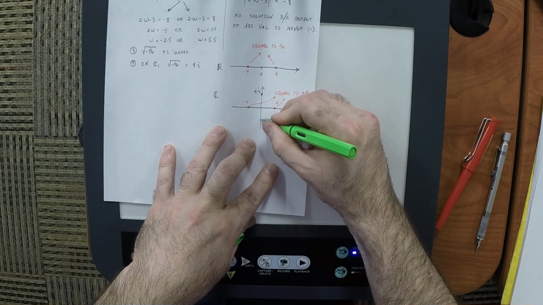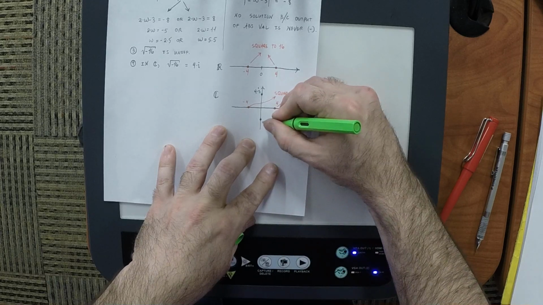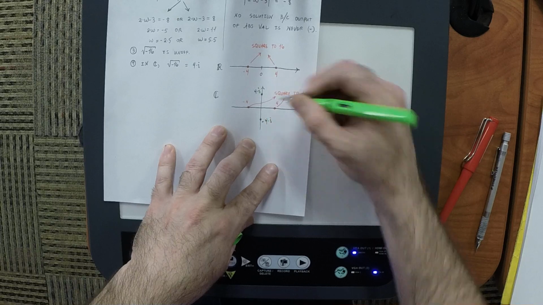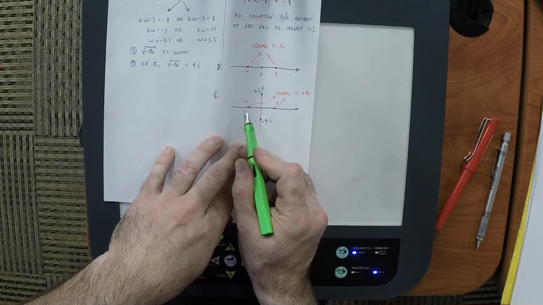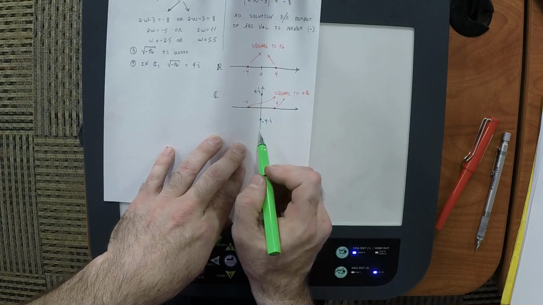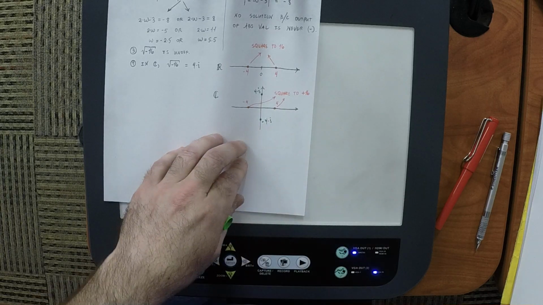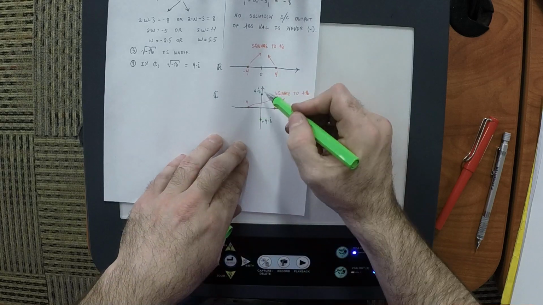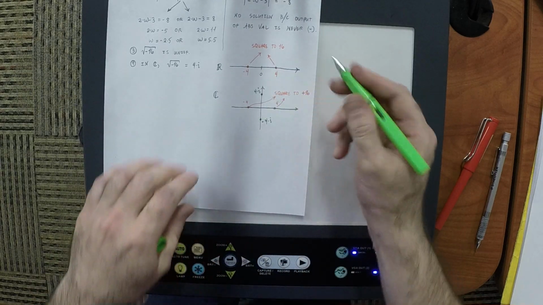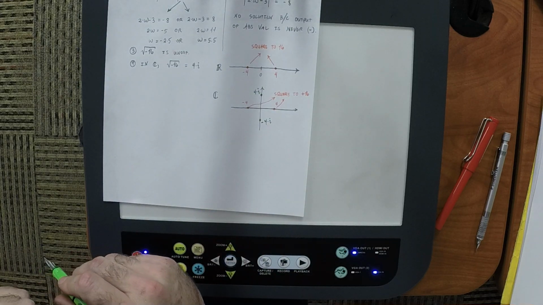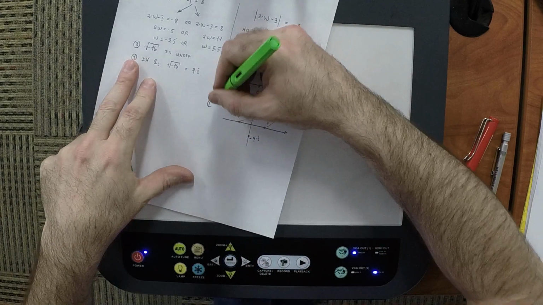Negative 4i. So we have 4 and negative 4, 4i and negative 4i. Now what does 4i square to? Negative 16. And what does negative 4i square to? Also negative 16.